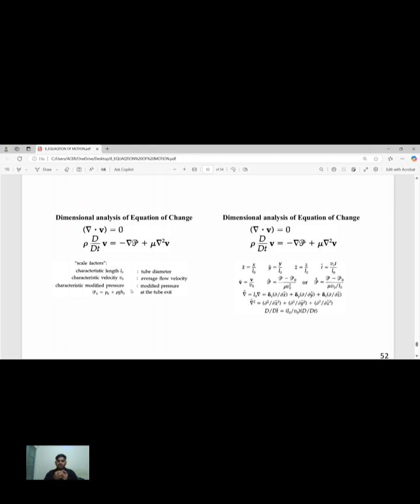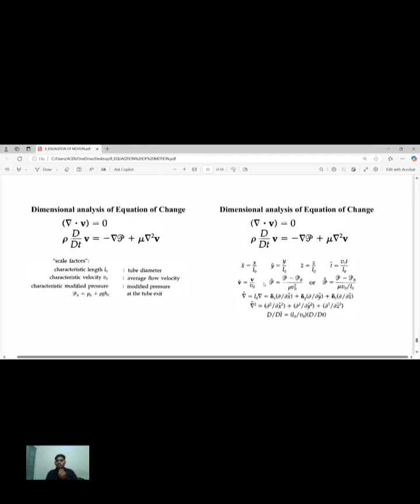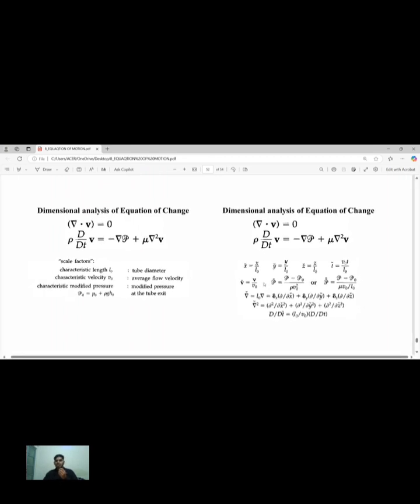So now we will see the dimensionless analysis of the equation of change, first for the x, y, z coordinates and for t also. First, x cap is equal to x by L naught. Here we divide the coordinates by L naught to convert into a dimensionless number.